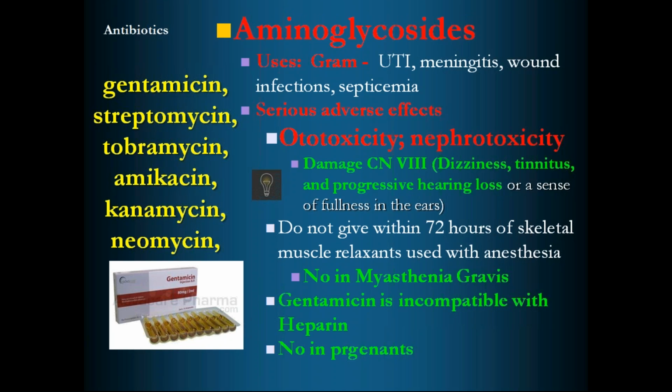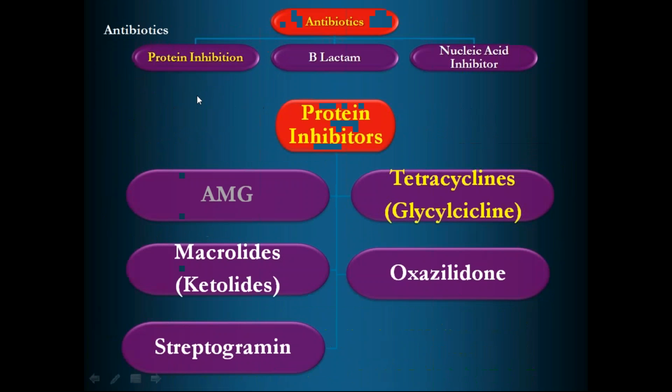Penicillin is mostly for gram positive, aminoglycosides are for gram negative, so they help each other. A prototype is gentamicin. Streptomycin, which we will see next class, is part of the treatment of tuberculosis. That is an aminoglycoside. But the prototype I want you to remember is gentamicin.